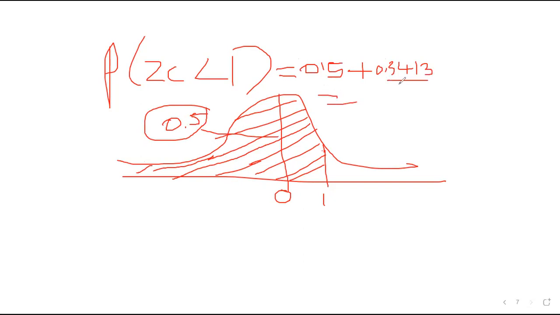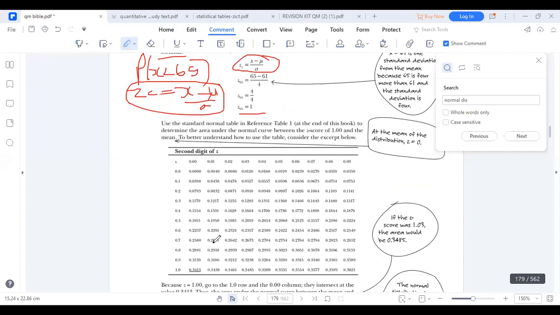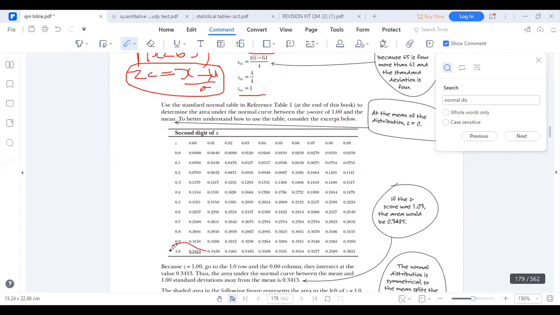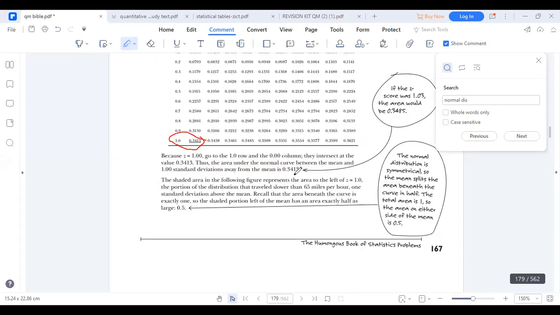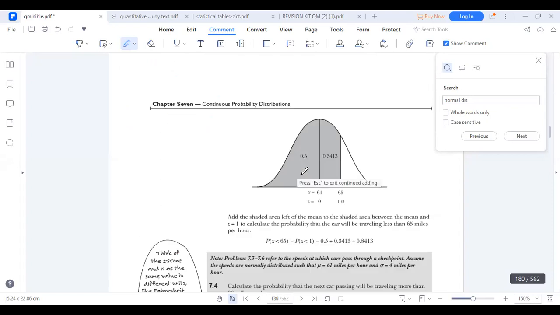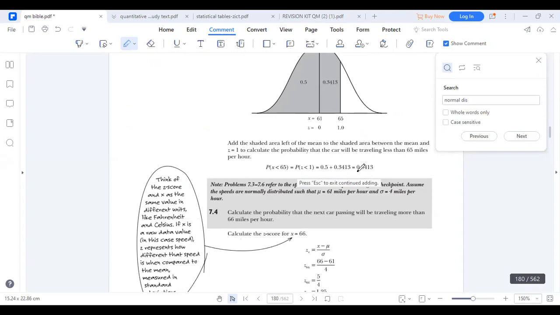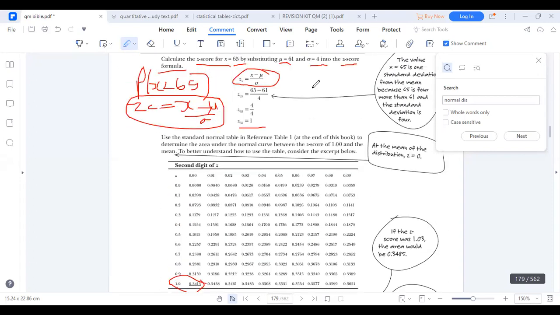Looking at the table, for 1 it is 0.3413. So the probability of z less than 1 is 0.8413.